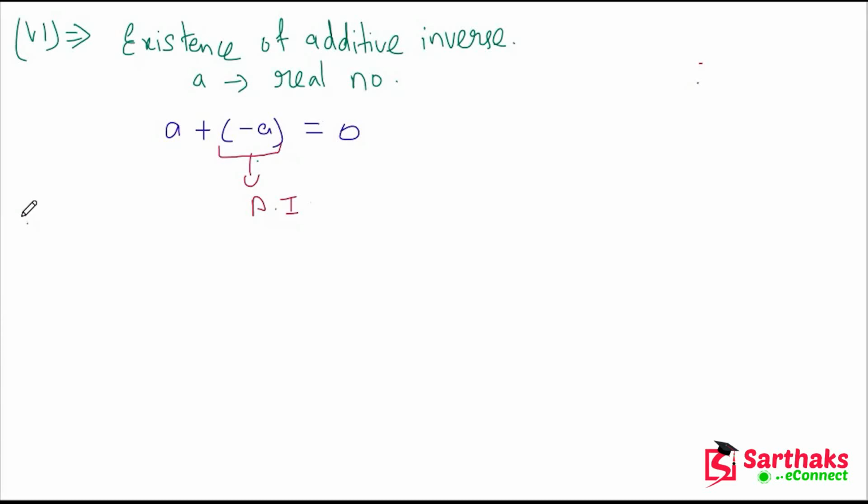Now let's move on. The next property is the closure property for multiplication. Here is the difference.